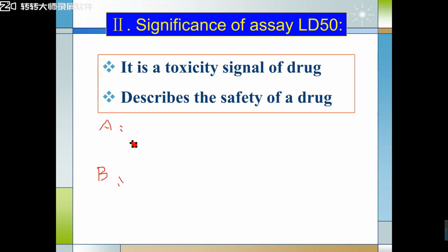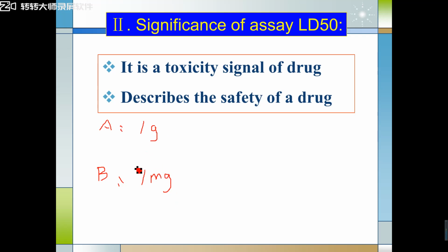For example, A drug's LD50 is 1 gram per kilogram of body weight. And B drug, the same kind as A drug, but with different LD50, has an LD50 of 1 milligram per kilogram.